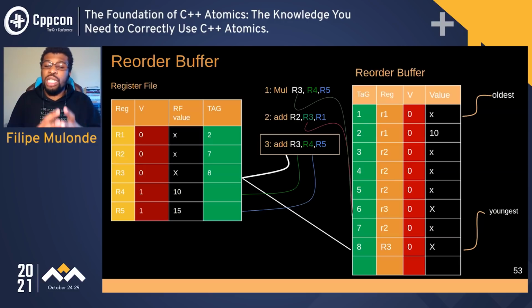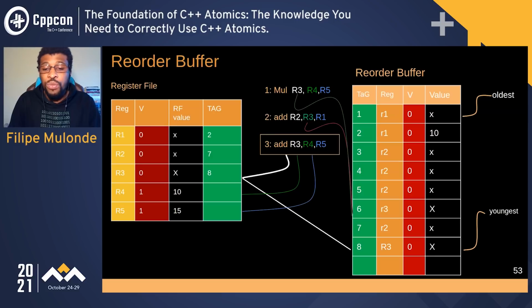When the third instruction arrives, we do the same thing. We allocate an entry for that instruction into the reorder buffer, and this entry becomes the youngest instruction. Knowing that this instruction is going to update register number 3, we go to the register file and set the valid bit of register number 3 to 0.